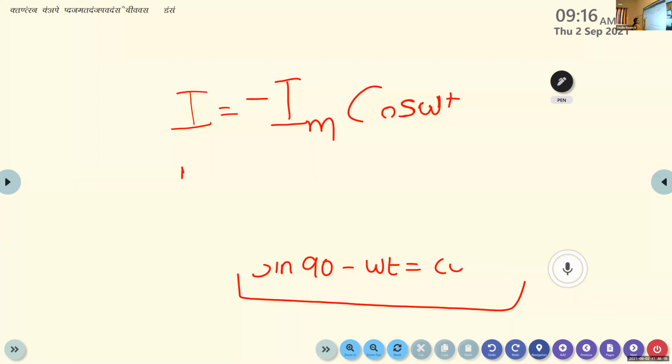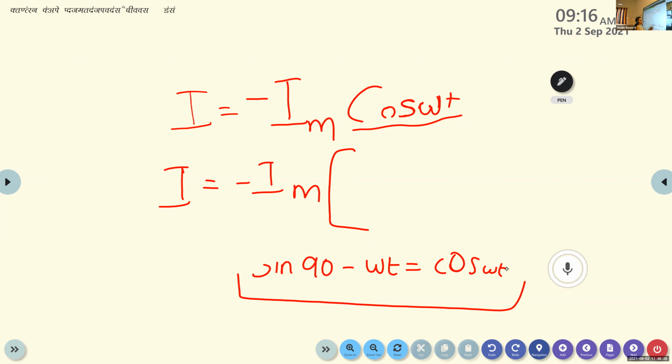Then the equation becomes I is equal to minus Im into, instead of cos omega t, here we can substitute sin 90 minus omega t.